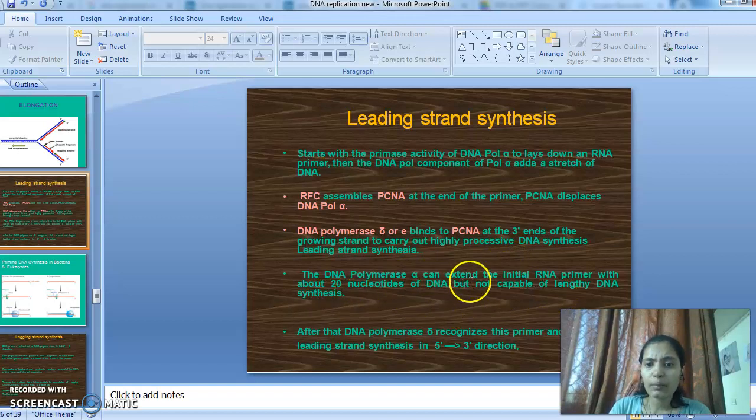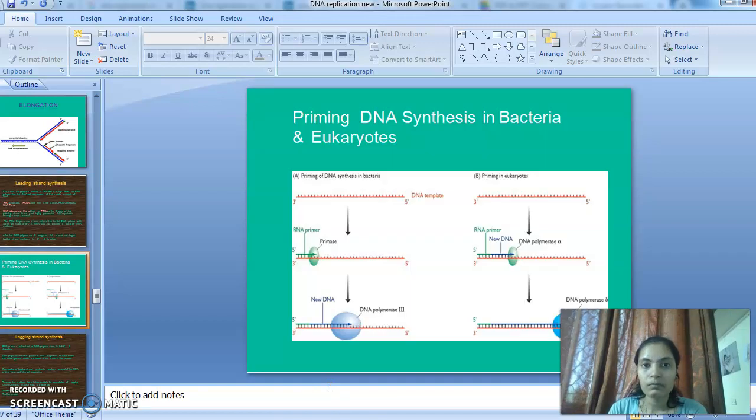The DNA polymerase can extend the initial RNA primer with about 20 nucleotides of DNA. And as we have seen, addition occurs in the 5' to 3' direction. So this is the priming in eukaryotes. This is the RNA primer, this is the DNA polymerase.